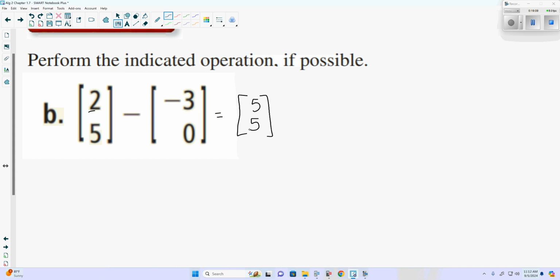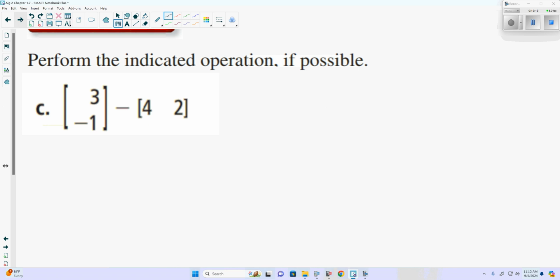Are you ready for the next one? The first one's a 2 by 1. So this first one is considered a column matrix because it has exactly one column. The next one is called a row matrix because it has one row.